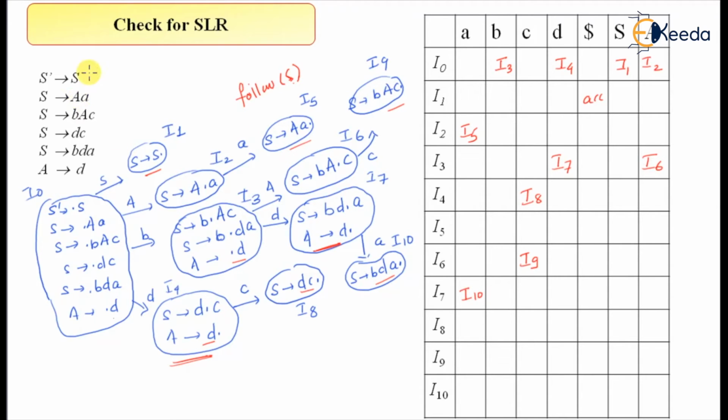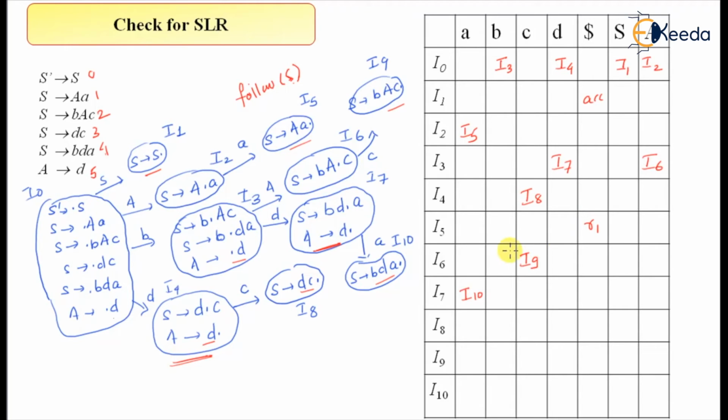I will number the productions: 0, 1, 2, 3, 4, and 5. I5 is production number 1, so in the dollar column of I5 I will write R1.